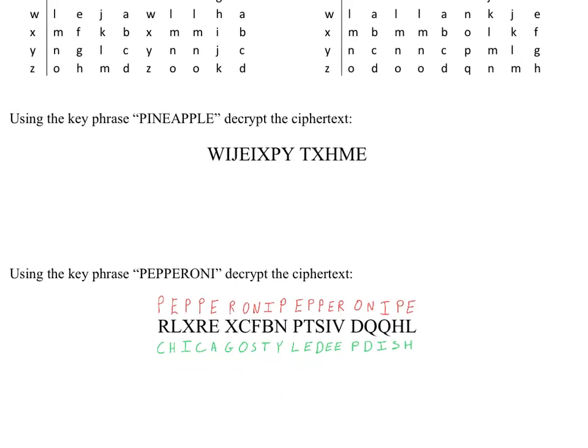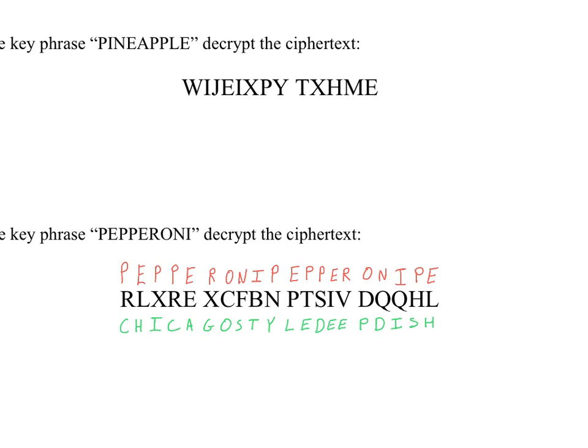Okay, so let's look at the answer here. If we look at our plain text that we got out of this, it might not look like very much right away, but if you look closer, it does actually say something. We have Chicago, and then style, deep dish.